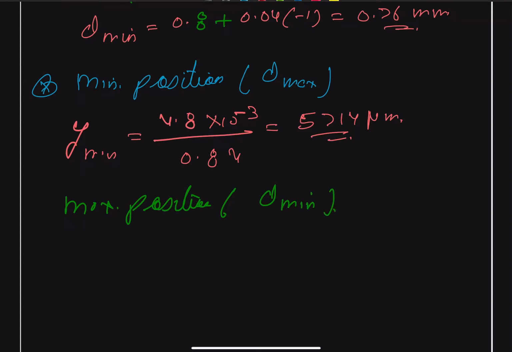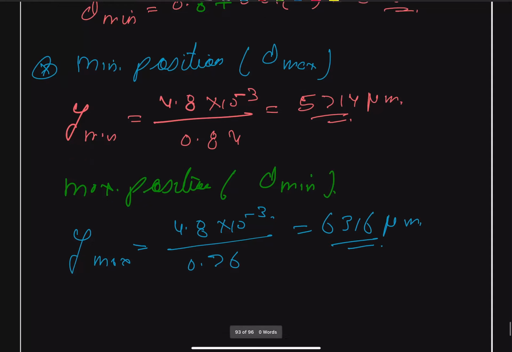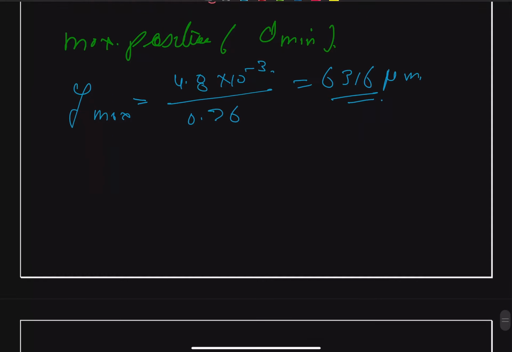So we get y max equal to 4.8 into 10 to the power minus 3 divided by 0.76, which comes as 6316 micrometer.